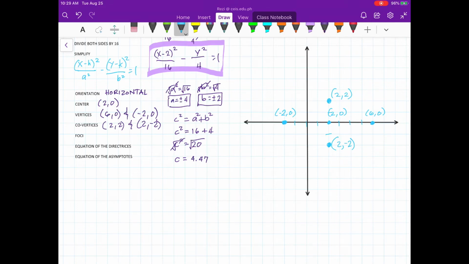So from the x value of the center, 2, we need to add and subtract 4.47. Therefore our foci are (6.47, 0) and (-2.47, 0).